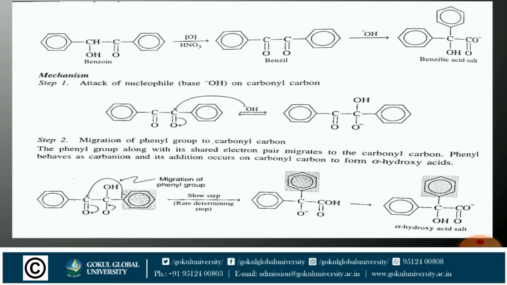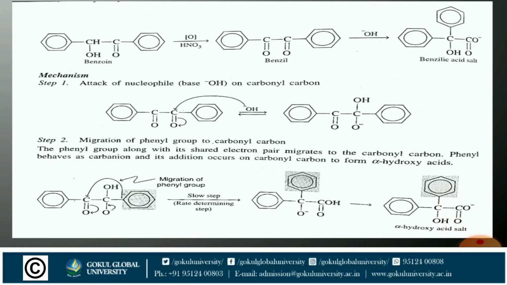After migration of the phenyl group, the electrons of the carbonyl migrate to the oxygen atom and it becomes negatively charged. In the last step, addition of H plus takes place and we get the alpha hydroxy acid, or its salt, known as benzilic acid.